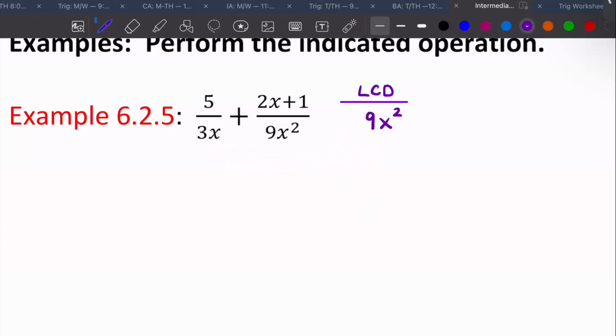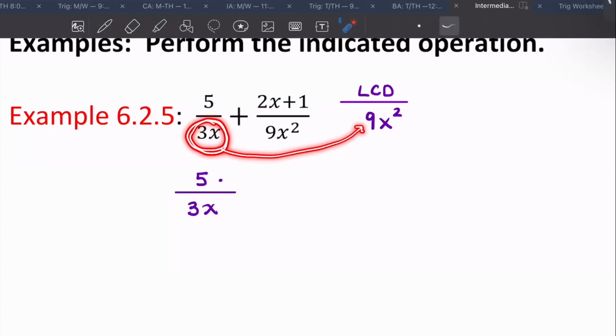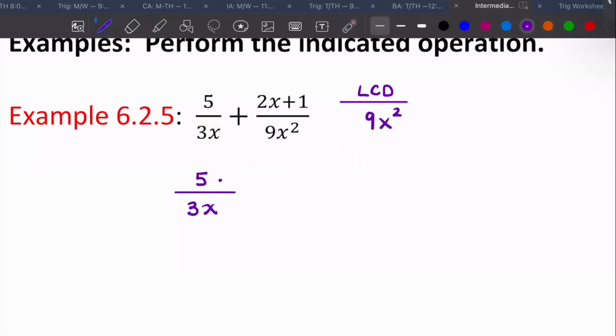Okay, so if I multiplied the top and the bottom, right, I need to make this denominator say 9x squared. The way I'm going to do that is multiply by 3x on the top and the bottom, right? That's how I make that say 9x squared. Over here, I don't have to multiply anything because it already says 9x squared, right?